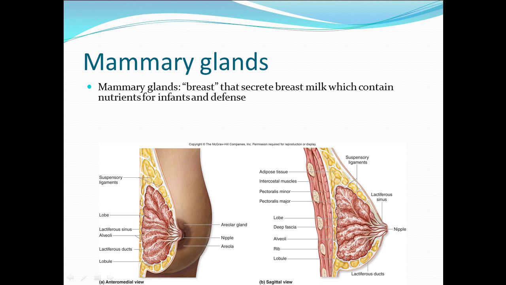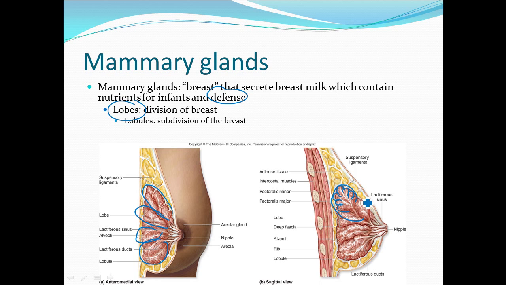Mammary glands. These are the breasts that will secrete breast milk for the infants. And it's used for defense purposes as well because breast milk actually has a lot of antibodies within it. When we look at the mammary glands, they have lobes. So each one of these large structures are lobes. These lobes contain smaller structures called lobules. Okay.